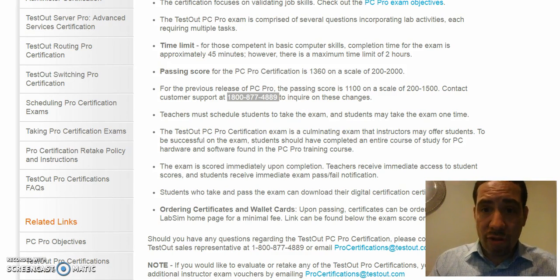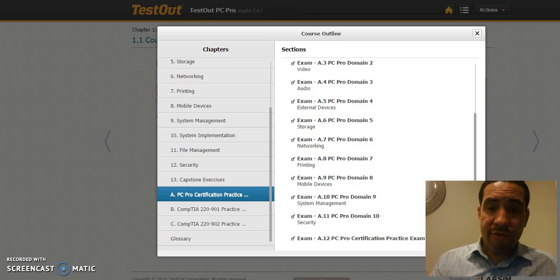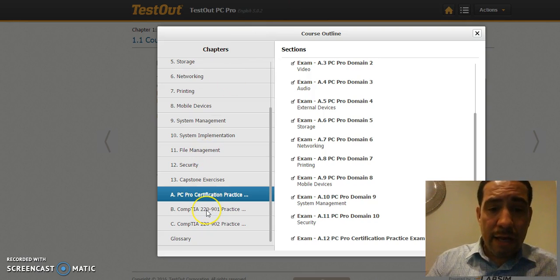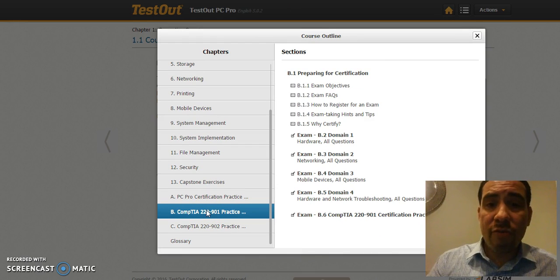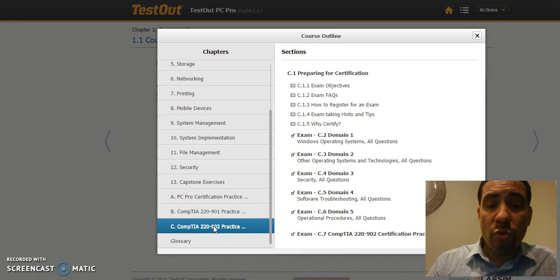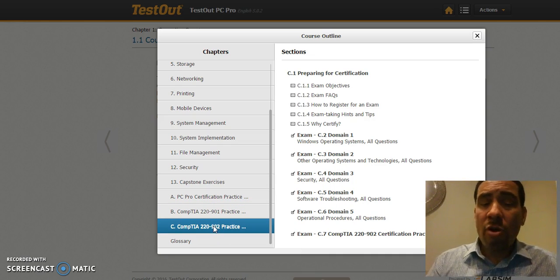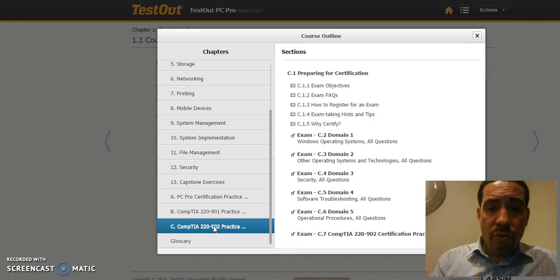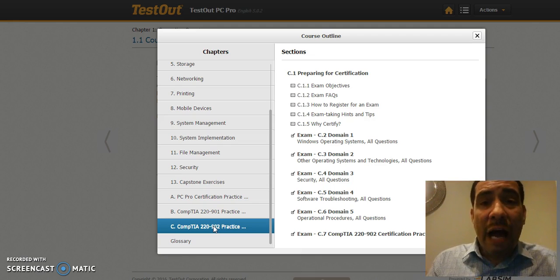And speaking of which, your license for TestOut includes the CompTIA practice exams for the 220-901 along with the 220-902. So 901 is more hardware based, and then 902 is focused on the operating systems. So that's another resource that you've already paid for.